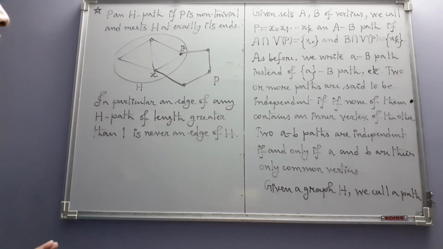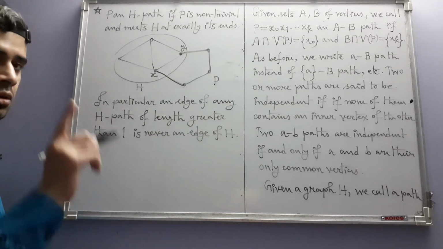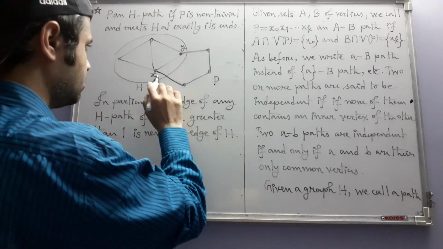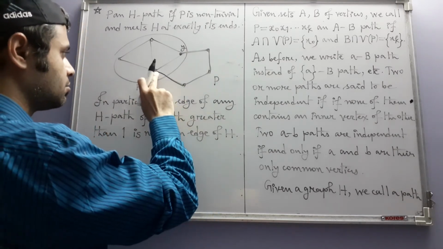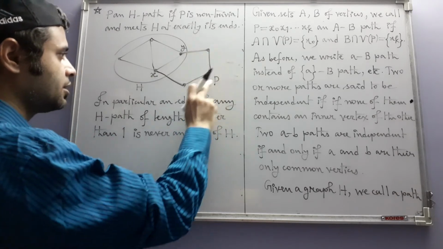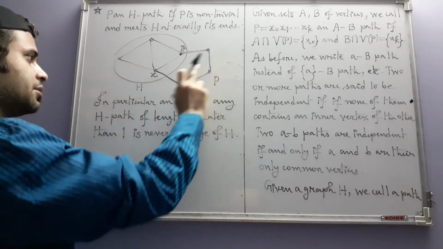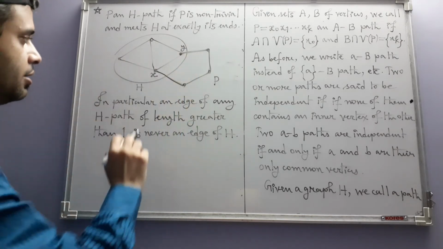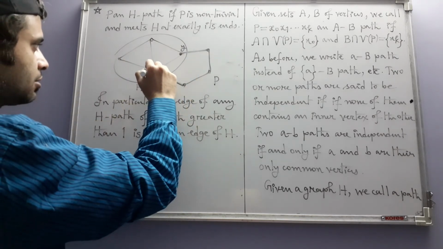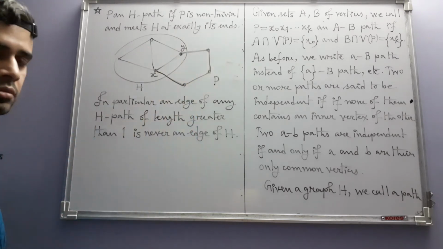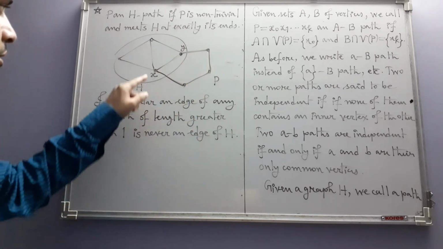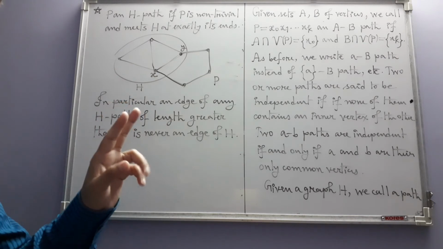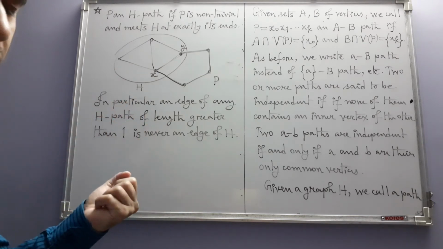You see, suppose we have an H path whose length is greater than 1. Note one thing, that if for a moment we forget about this path P, forget about these vertices, then we have H. In H we also have this H path XY of length 1. This path only has ends, it has no inner vertex.